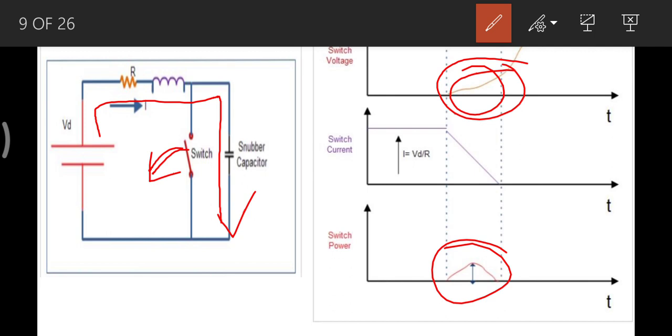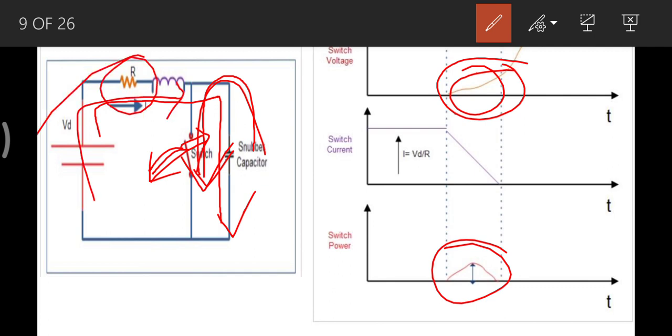After that, when the switch is closed, there is a flow of current through the capacitor circuit. This capacitor starts discharging. So here the current is limited by using this resistor.